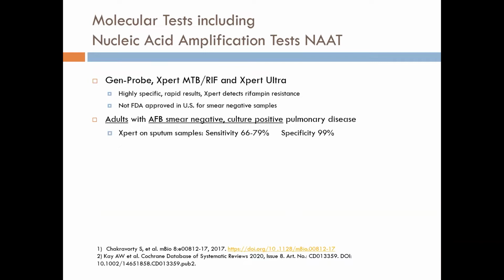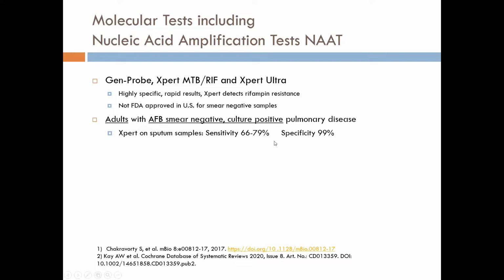Unfortunately, in the United States, the FDA has not approved these tests in smear negative samples, so it doesn't help us a lot in children. I do sometimes twist the arm of my microbiologist and they will run the test for me, but it's not FDA approved.